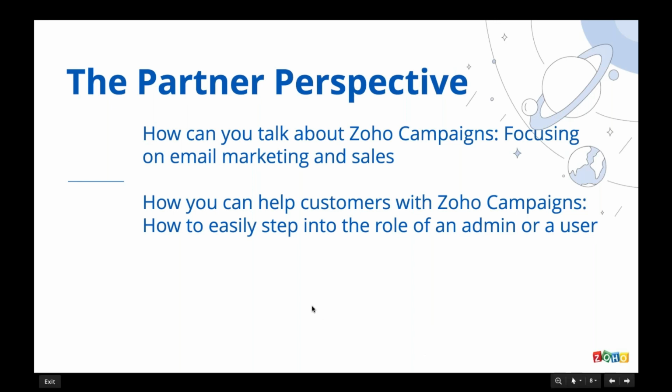So apart from that, when someone signs up for Zoho campaigns and they're a completely new user, it's extremely easy to help them out. Be it, let's say, they're signing up as an administrator for a particular Zoho campaigns account. So they can easily step into the shoes of an administrator from the go.